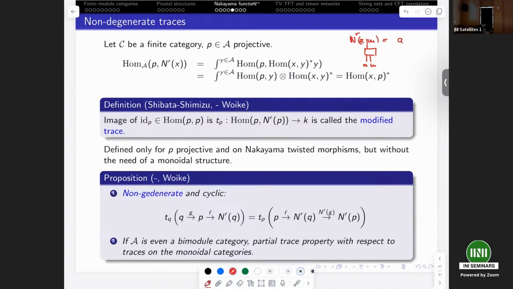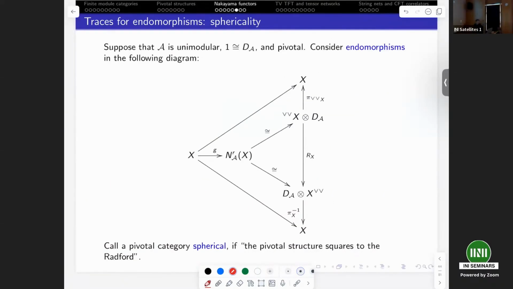So this is the double right dual of N of M. So really the appropriate picture is to have here a double dual and here M and M. And here I can take a trace even without introducing any pivotal structure on the monoidal category. And if you do this, and you take this type of trace, and then you take the modified trace, this gives the same result as taking the modified trace right away. That's the partial trace property.